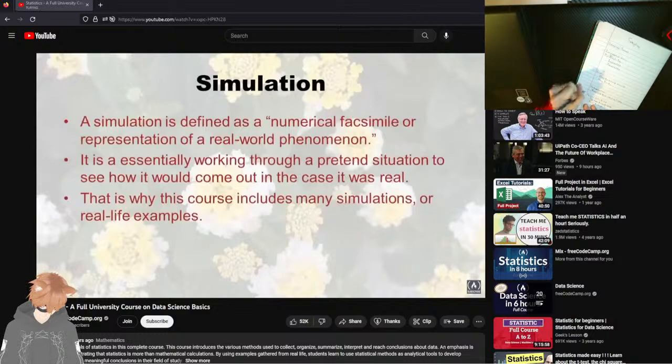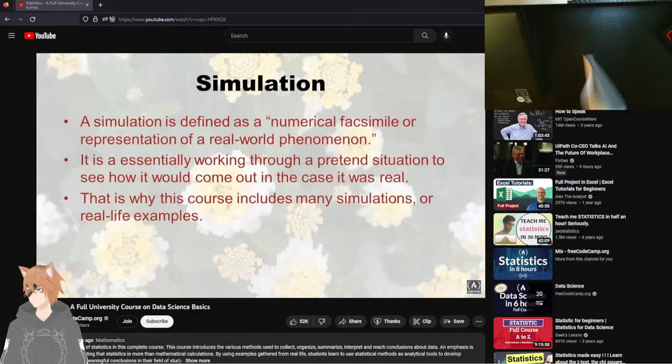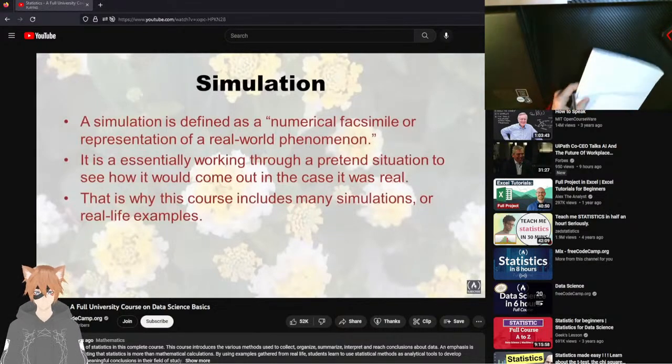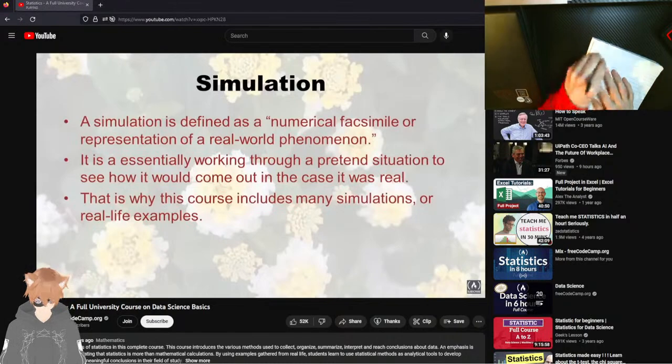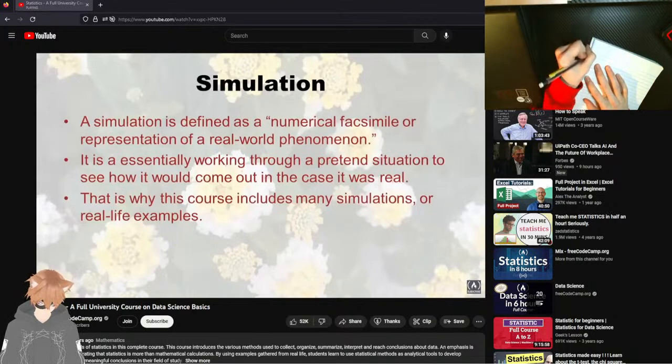A little whiplash here, we're going to now move on to the concept of simulations. A simulation is defined technically as a numerical facsimile or representation of a real world phenomenon. So it's like working through a pretend situation to see how it will come out in case it was real.